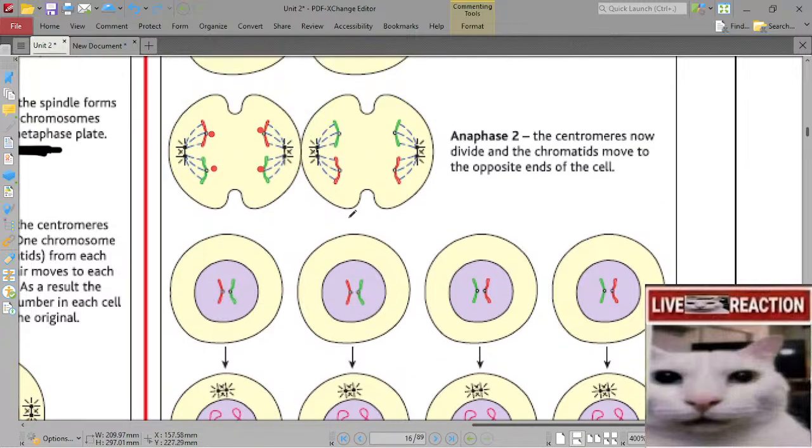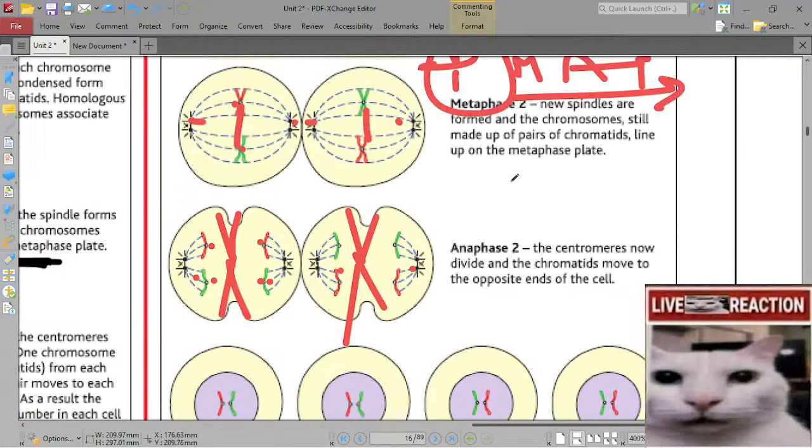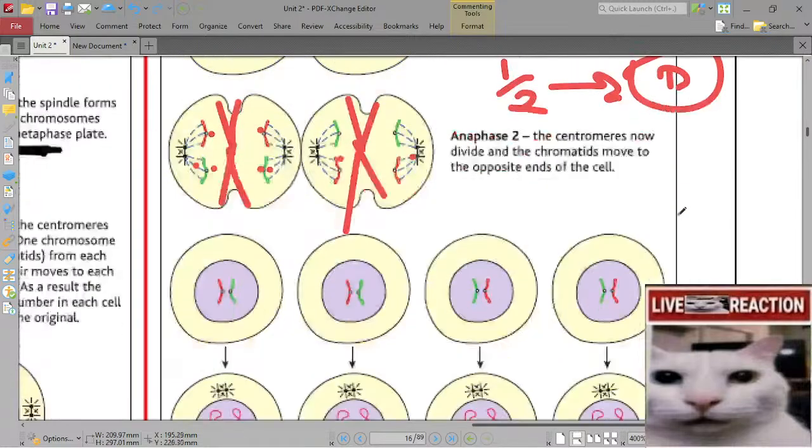As a result, we have cytokinesis occurring, which is going to separate these two cells into four haploid cells. The reason we call them haploid is because it's half of the original cell, which was a diploid, right?